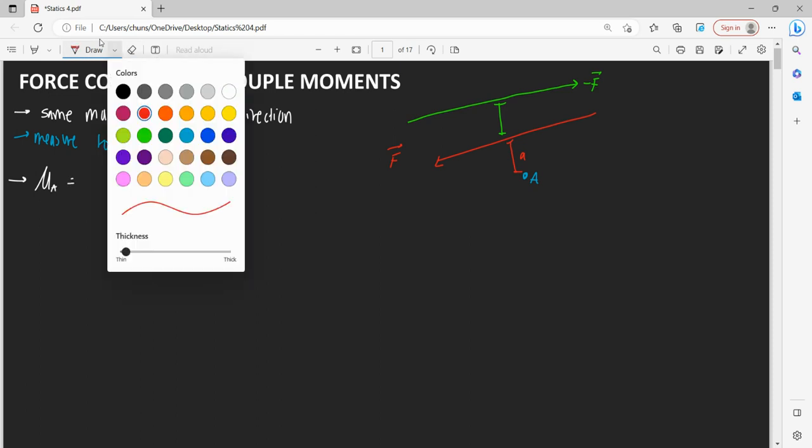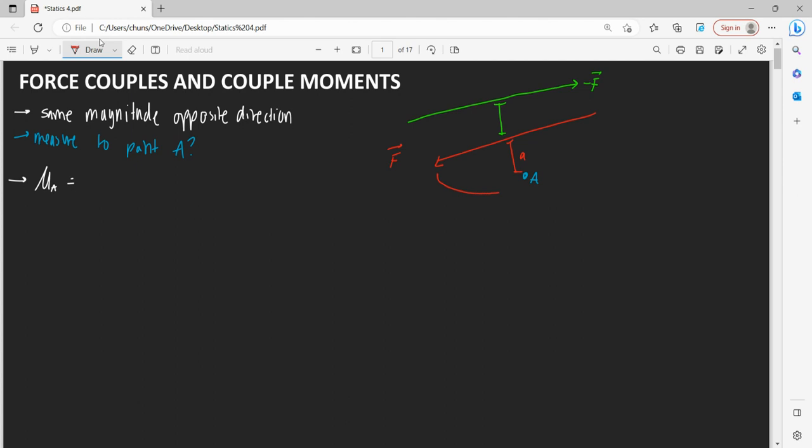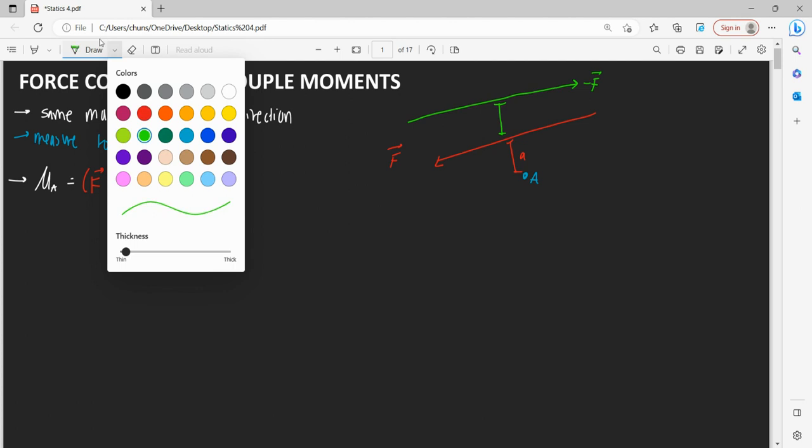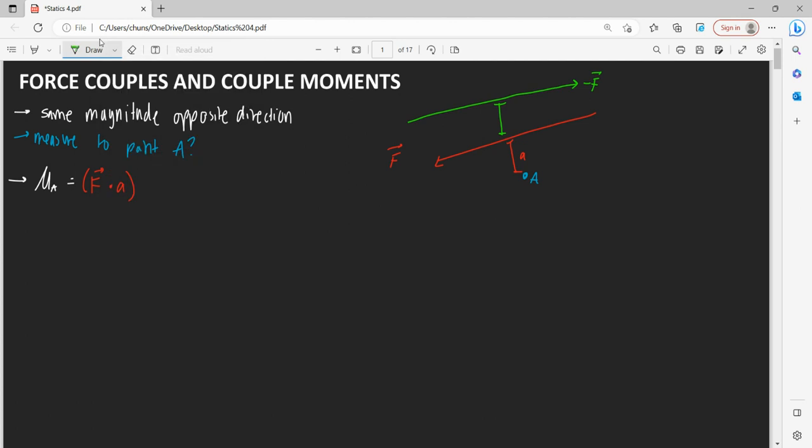we start with our red force first. To get to A, we would have to travel counterclockwise, so that's a positive direction. So that's our force times our positive A. And then for our green one, since we'd have to travel clockwise to get to A, that's negative direction. And that's our magnitude of F. We're just going to use our magnitude because we've already established our direction.